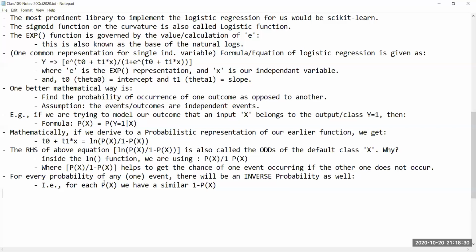If I have, let's say, multiple x's, can we represent that in this case? Any idea?